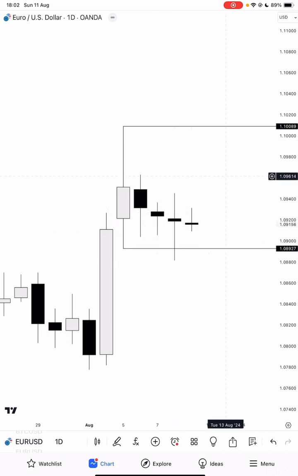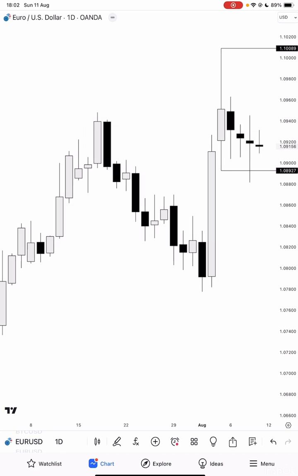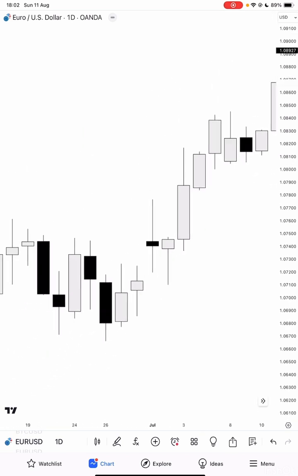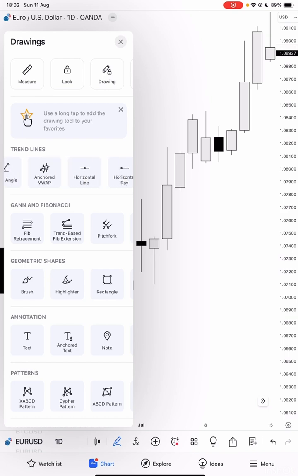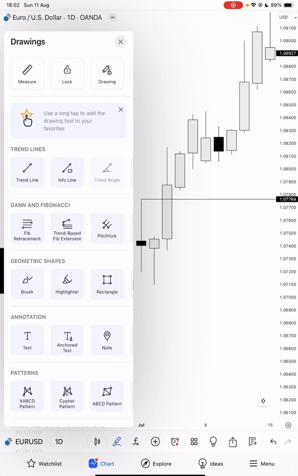And if you study the ICT weekly profile, you know why it was Tuesday to reverse.